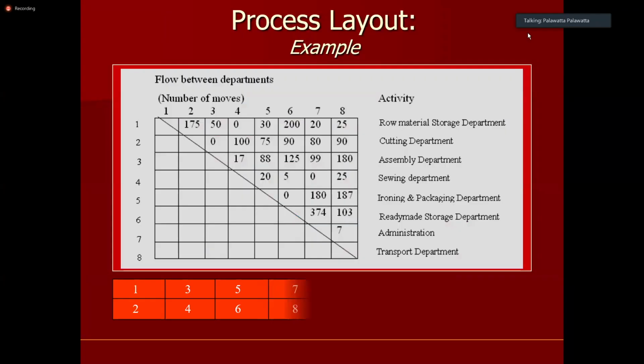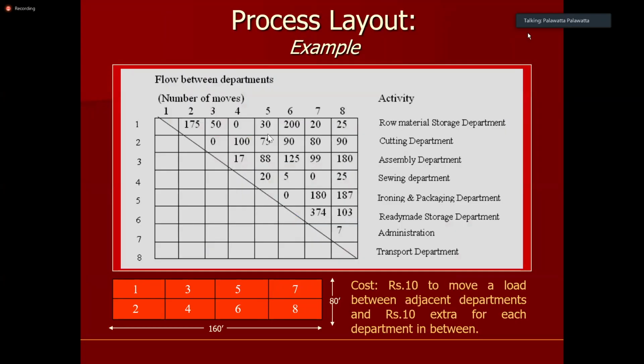So then, in this process layout example, you have flow between departments, so number of moves, right? From 1 to 2, 175, 1 to 3, 50, 1 to 4, 0. Number 1 is raw material storage department. Number 2 is cutting department.